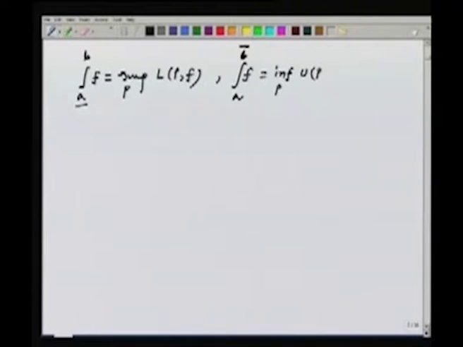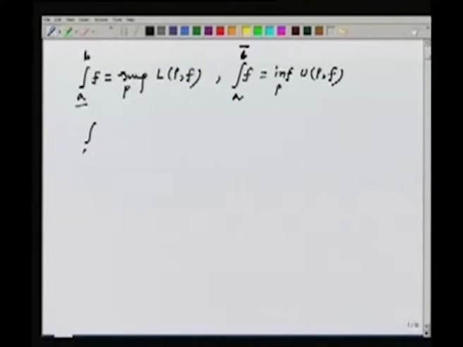If you recall, the lower integral was defined as the supremum over all partitions P of the numbers L(P,f), and the upper integral was defined as the infimum over P of all the U(P,f).